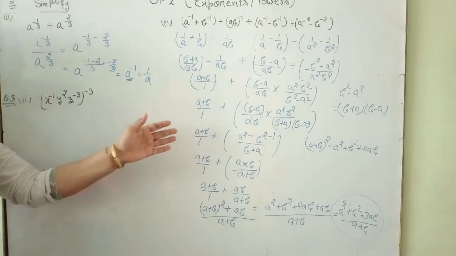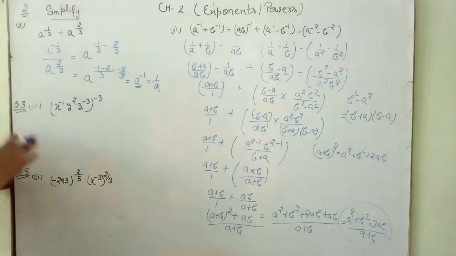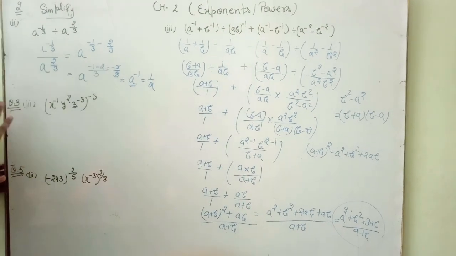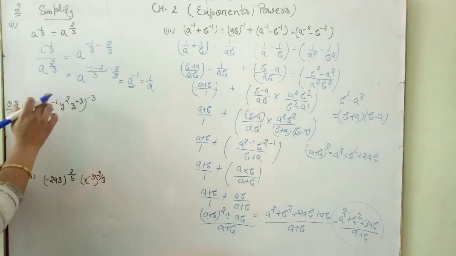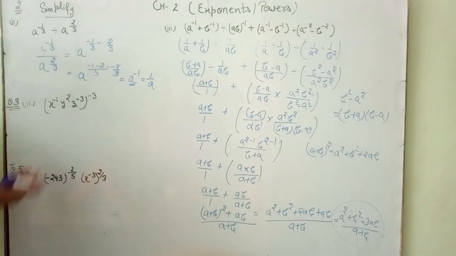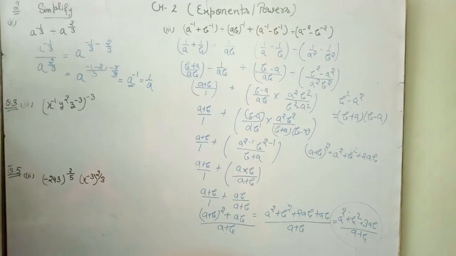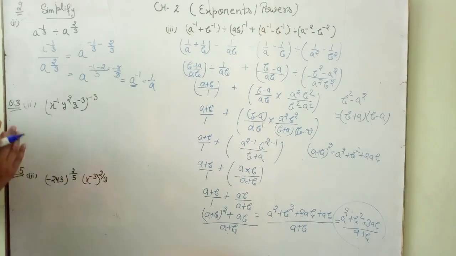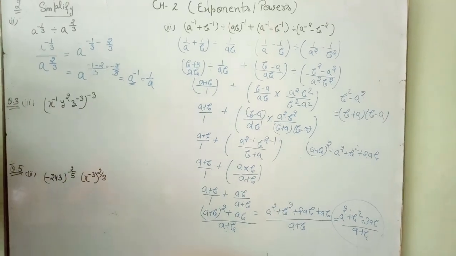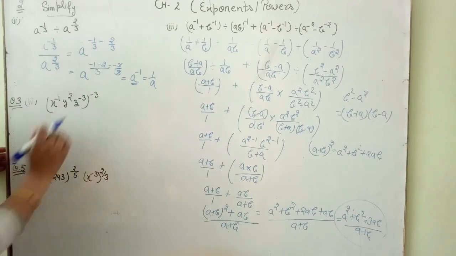This is a lengthy question. Again, question number 3, part number 3. X raised to the power minus 1, y raised to the power 2, z raised to the power minus 3, and the complete expression raised to the power minus 3. Student, when power is raised to a power, then the powers multiply. First we take the different powers.